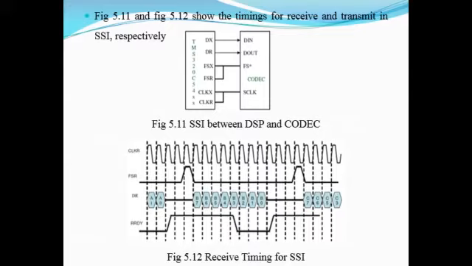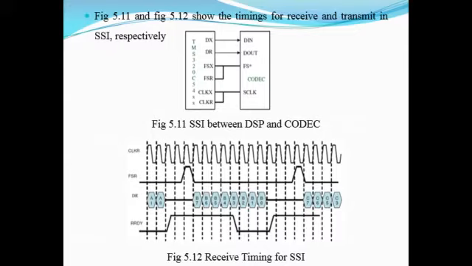And if I go with the timing, the receive timing for the serial interface is specified here. You can see that the first part refers to the clock, so clock receive, the second part refers to FSR, the third refers to DR, data receive, and RRDY, the ready signal.